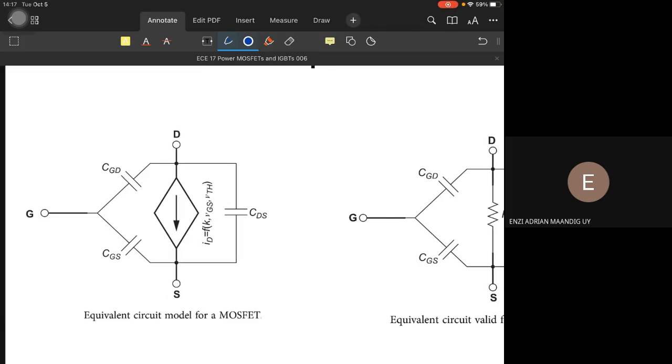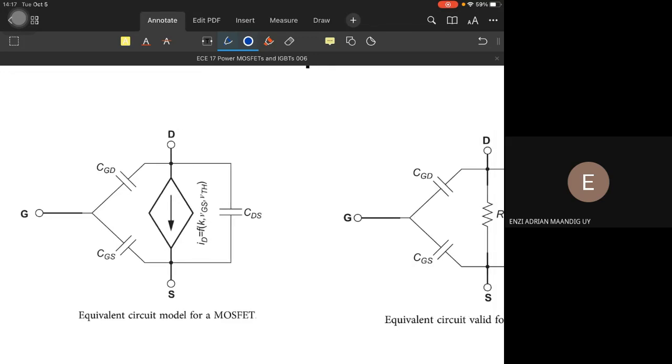So, makita nato that this current source, the current flowing from drain to source, is a function of K, of VGS, and VTH. Okay, so it's dependent sa mga voltage sources, particularly VGS.